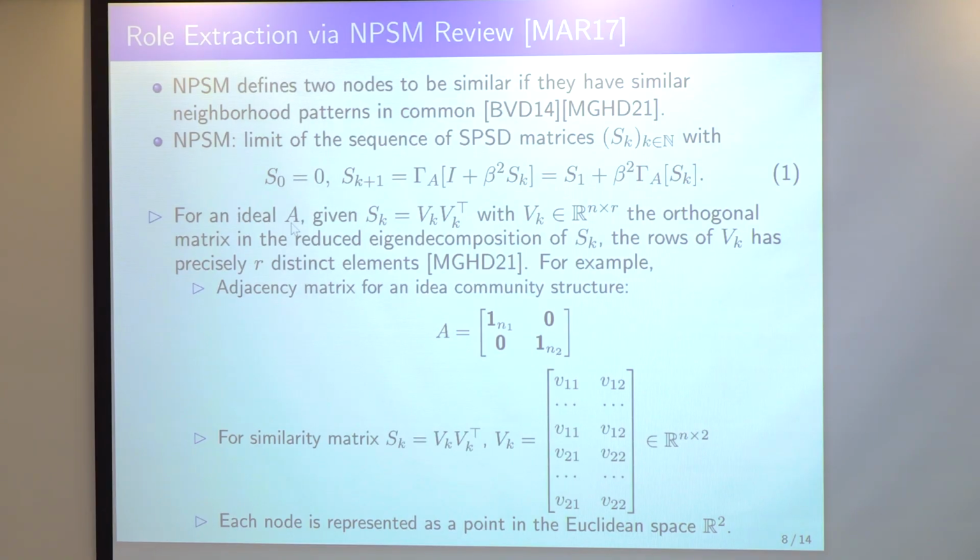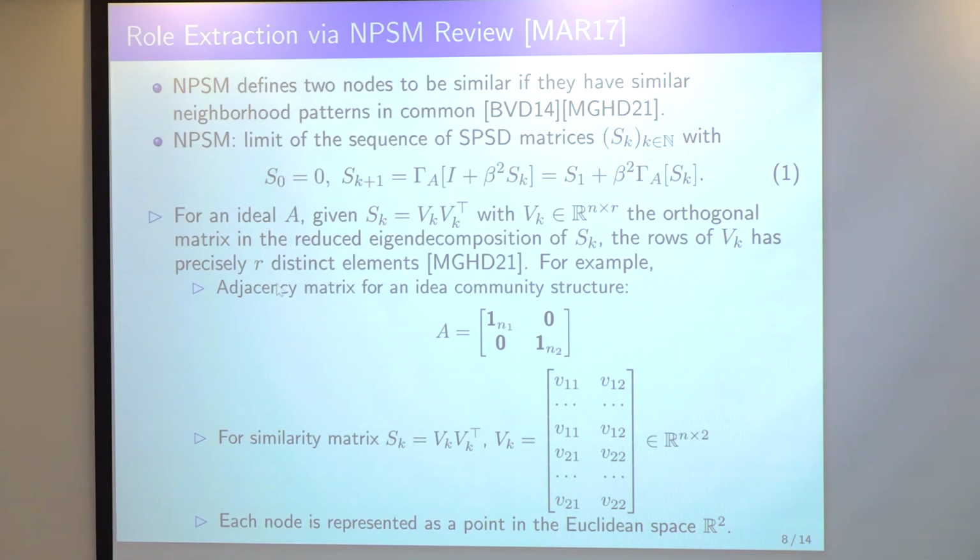So for an ideal case of a graph, all the blocks of the adjacency matrix will be either all ones or all zeros. This is an example of an ideal community structure. If we find the eigendecomposition of this Sk, or the limit S, then the rows of those Vk have precisely R distinct elements.